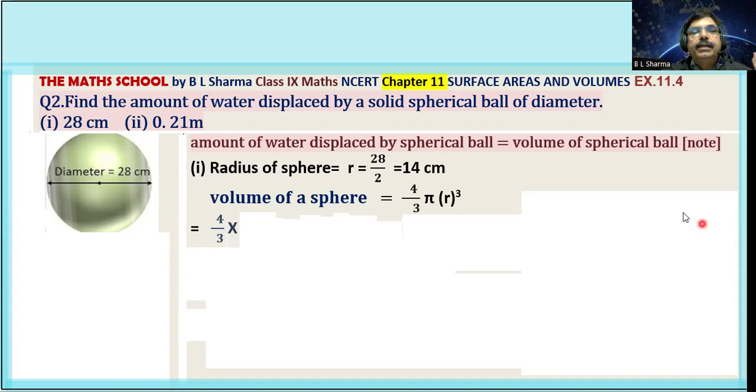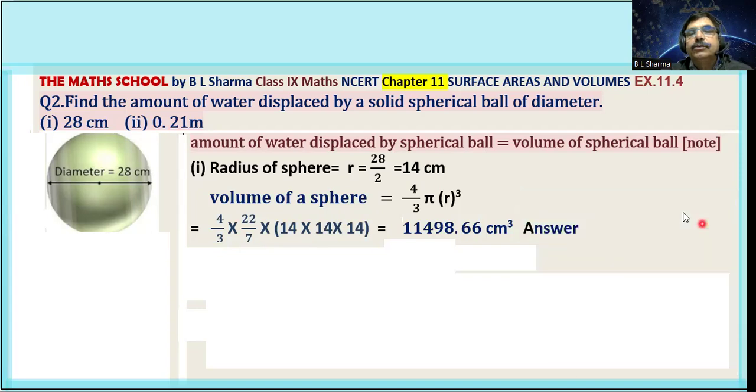In place of pi, 22 upon 7. In place of r, 14, so 14 3 times, because it is power 3. So 14 into 14 into 14. On calculating, we get 11,498.66 centimeter cube, and this is the answer of the first part of this question.